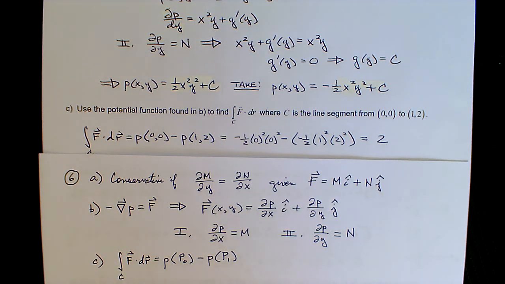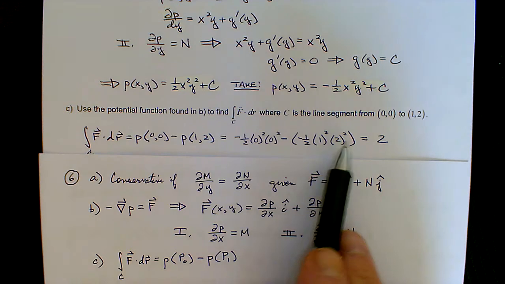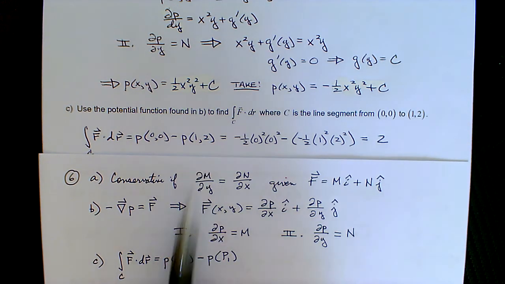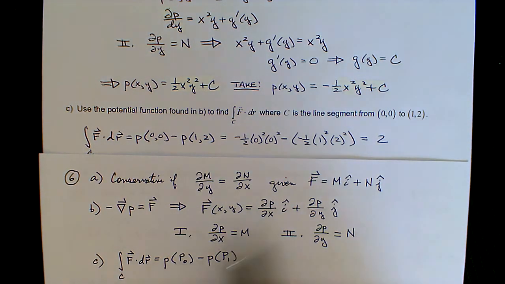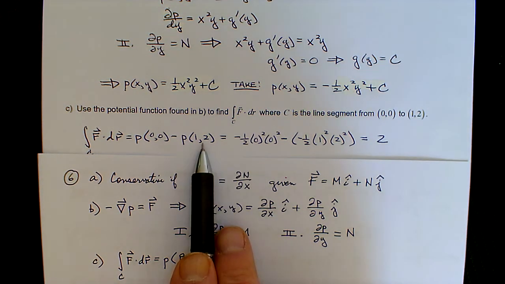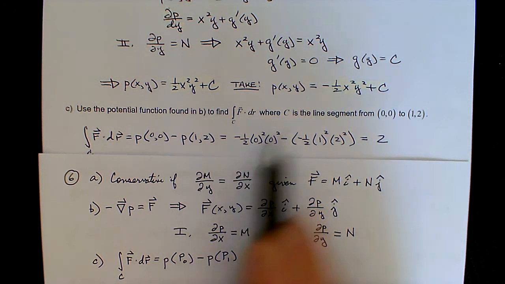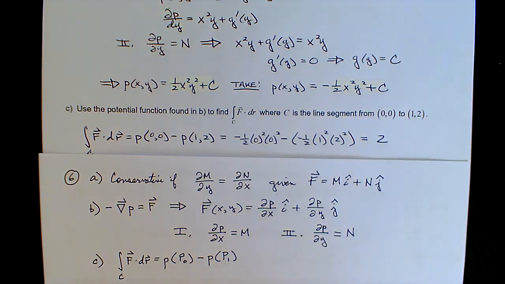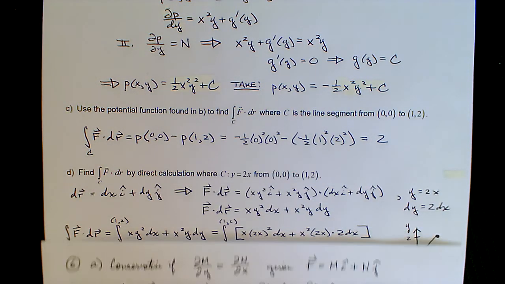And so that's why we had to evaluate this integral. We used that formula, p of p sub 0, which was 0, 0, and p of p sub 1, which was 1, 2. And then you just plug those into that result, which you found for the potential function, and that evaluates the integral.